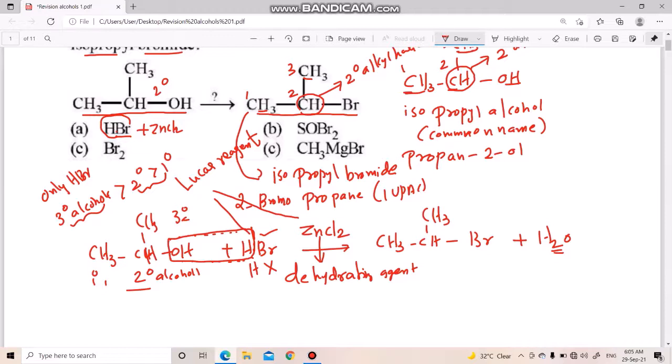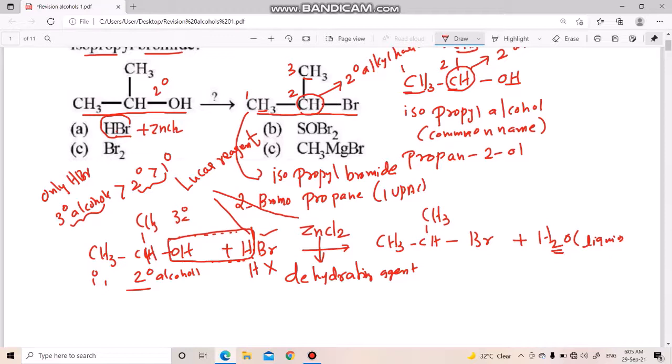One more thing. With zinc chloride, the product is alkyl halide plus water. There are two products, so the product is not pure. Water is a liquid. First, we need to remove water for getting the pure product. So these two reasons make a problem here.